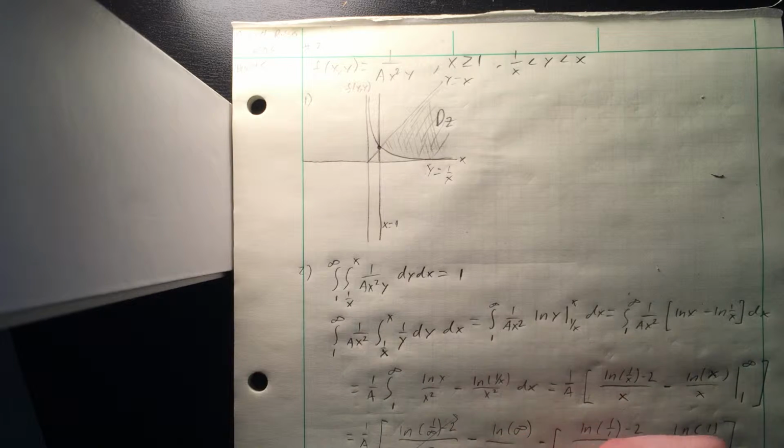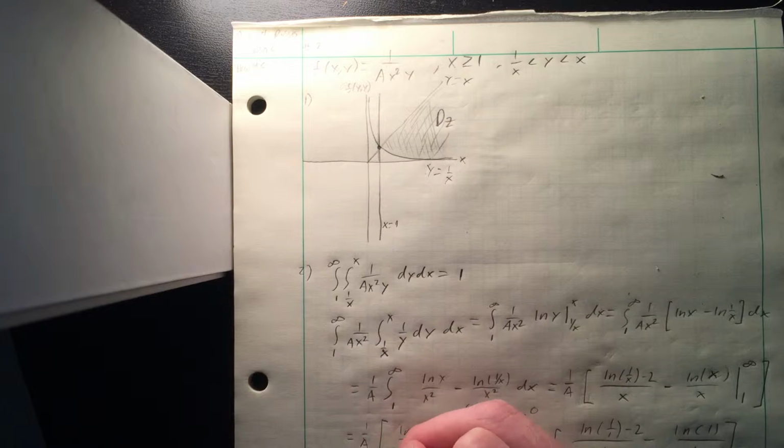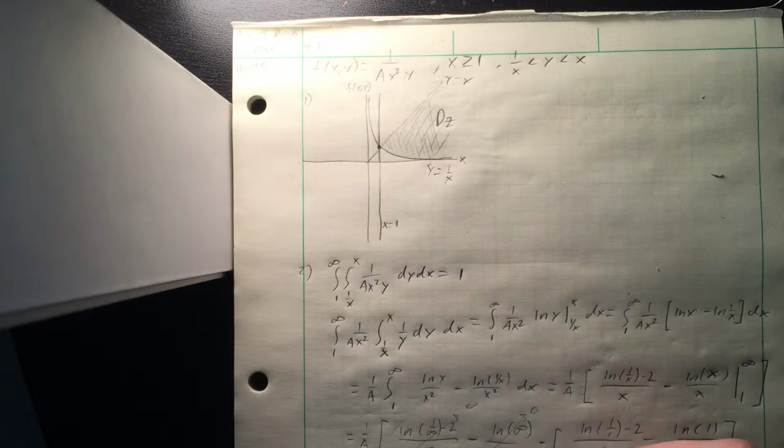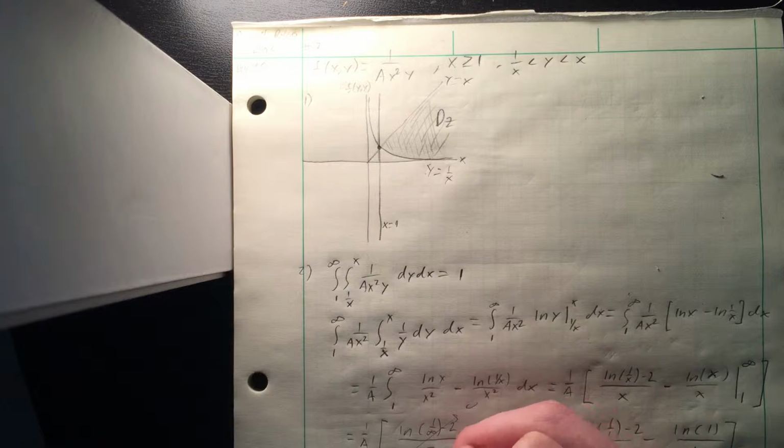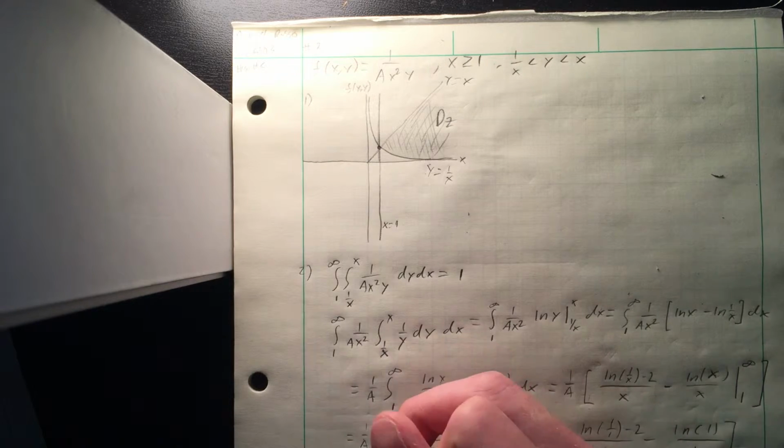These are both going to go to 0, and we're left with 1 over a is equal to negative ln of 1 minus 2 over 1. Let's multiply inside.